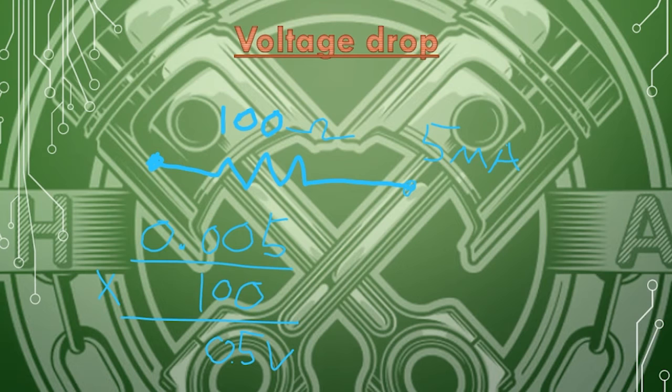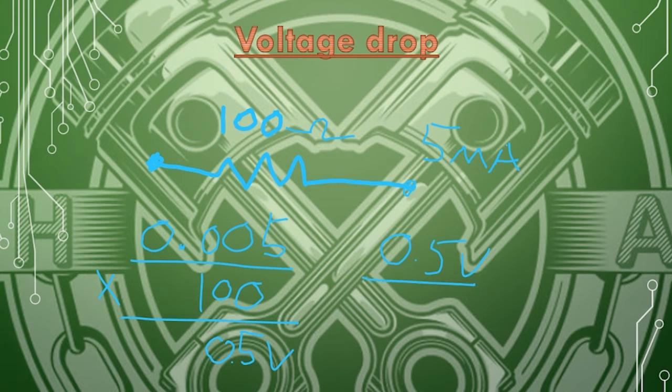Okay, so we're not done yet. There is a little bit more to do in this. As I said at the start of the video, there is a little bit more to Watt's Law, which is why I did Ohm's Law first. So now we've done that first part, the second part that we need to be doing is we now need to take the 0.5 volts that we have, which isn't a great lot.